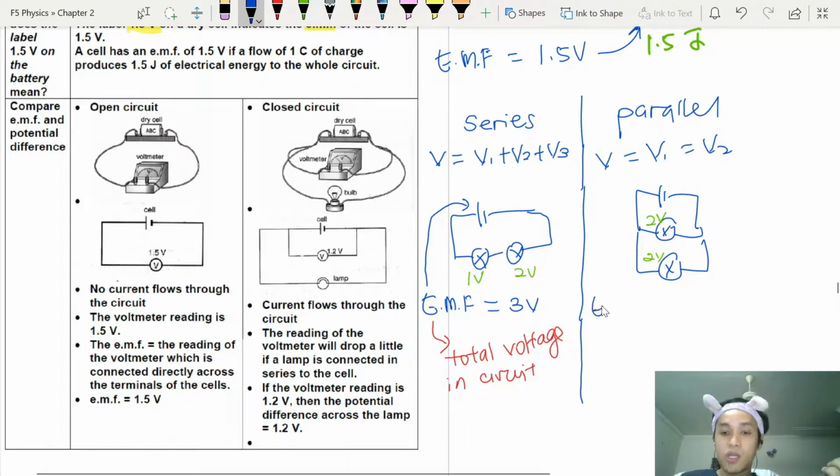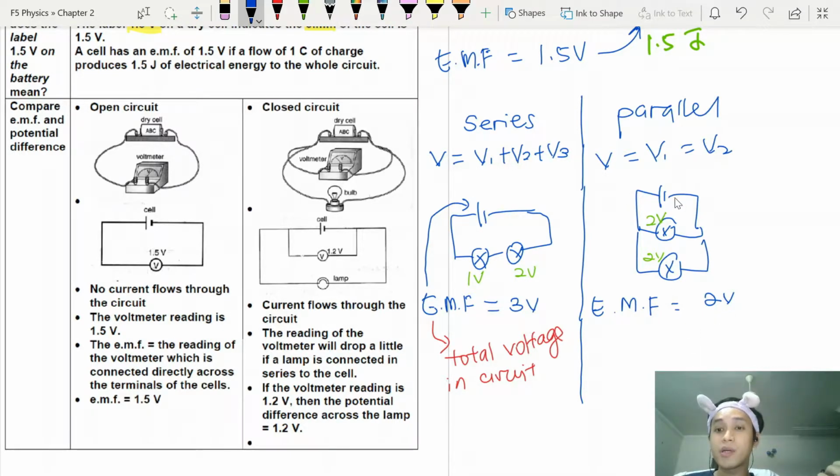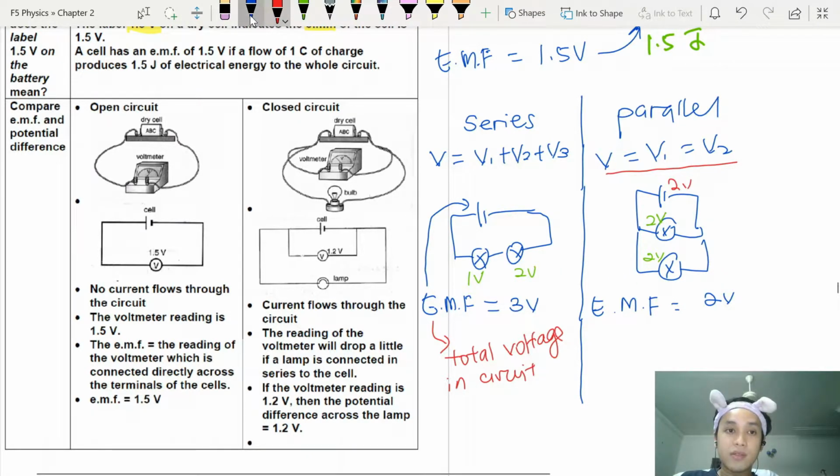In this sense, my EMF is also 2 volts, because this one is parallel. So if this one is 2 volts, here is also 2 volts. That is the meaning of the relationship here. You need to understand how to apply the series and parallel circuit to help you find the EMF.